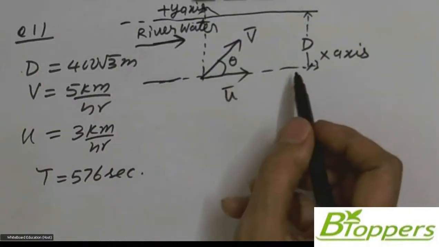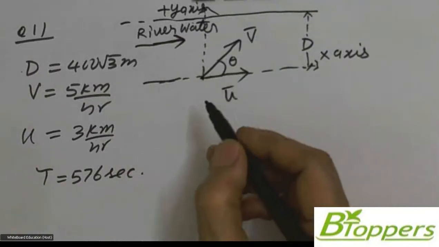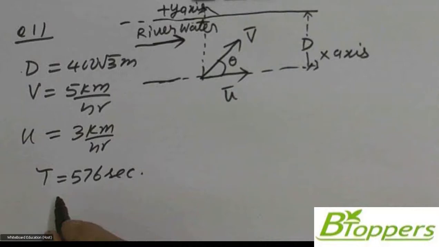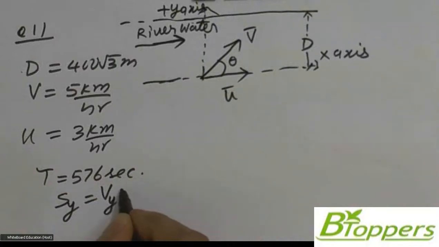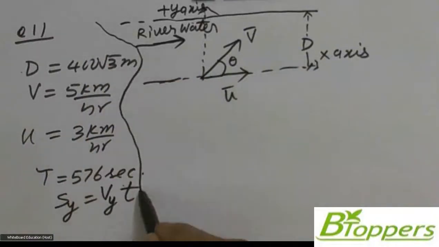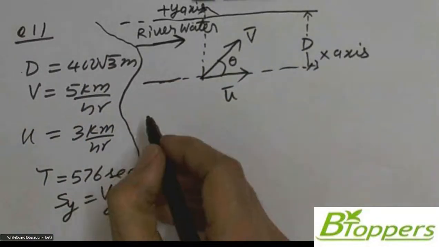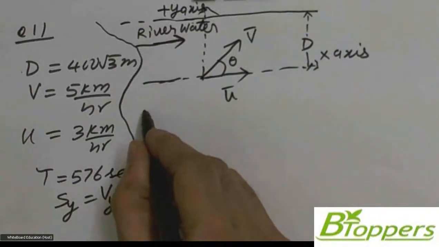U bar is directed along x-axis. Its component along y-axis will be 0. So displacement in the y direction is equal to velocity in the y direction into time interval. When the boat just crosses the river and reaches the other bank, the displacement in the y direction will be equal to the width of the river.